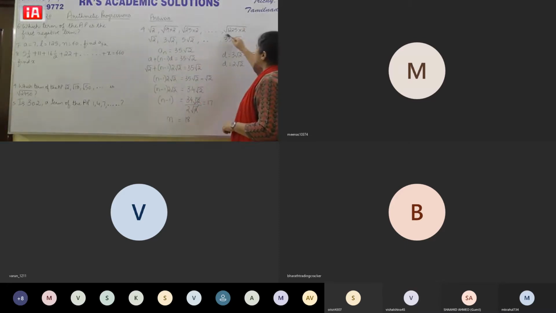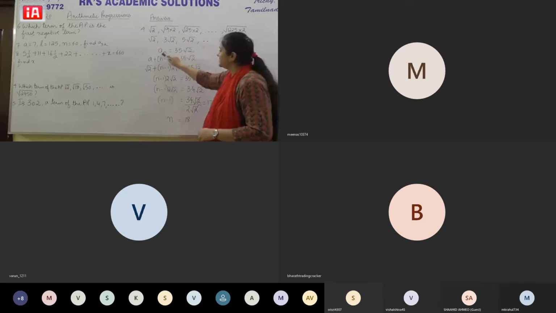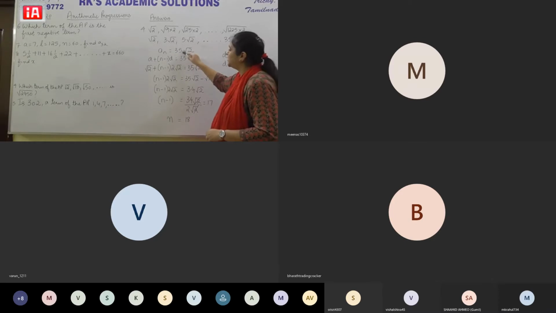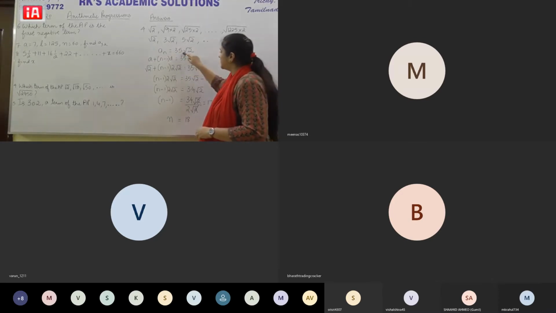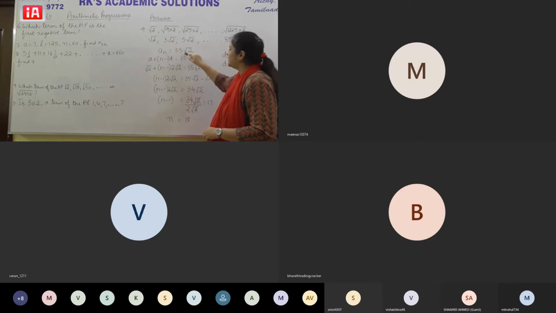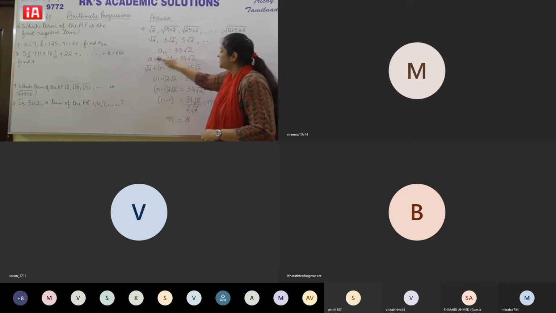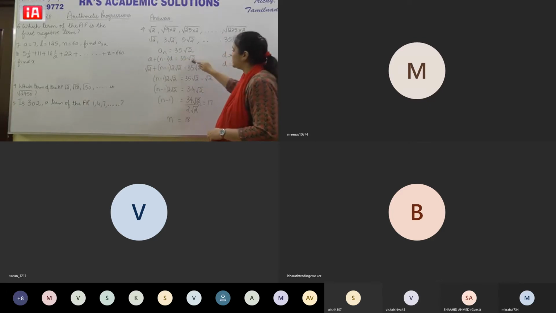And now we need to find the position of this term, which is 35 root 2. So which means some term of the AP is 35 root 2, which means a_n is 35 root 2. a_n is a plus (n minus 1) into d, which is 35 root 2.